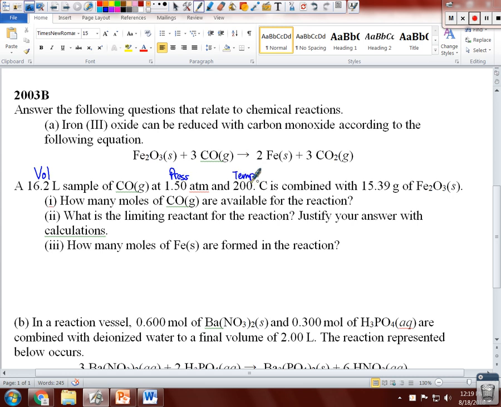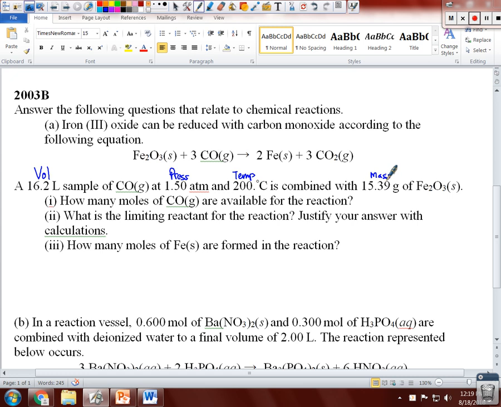So let's look at that for just a second. Do you agree they gave you 3 variables for 1 reactant? Right? They gave you pressure, volume, and temperature. What does that sound like we may have to use? The ideal gas law, combined with 15.39 grams of this. So do you agree? All right, so this is just the mass, and we know that that's the other reactant.